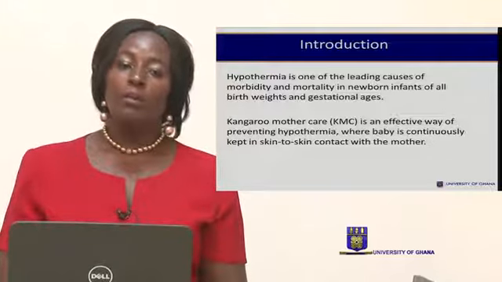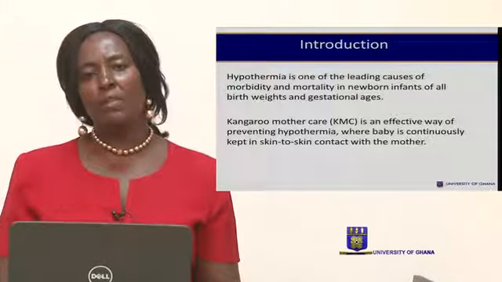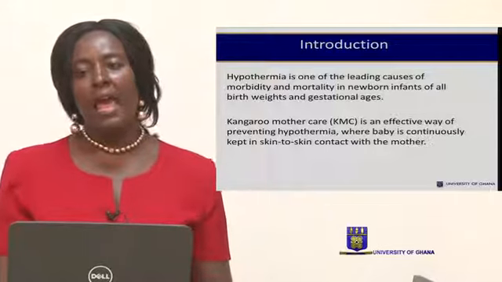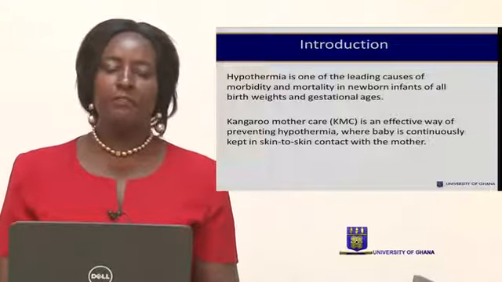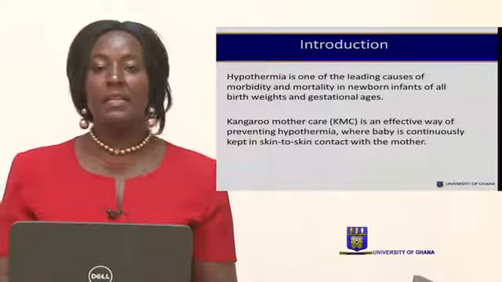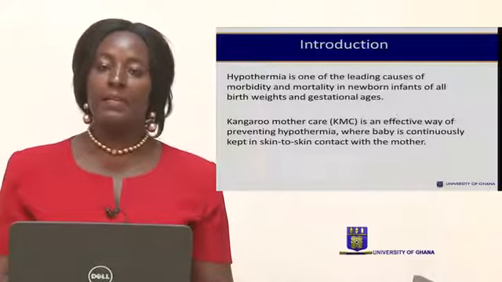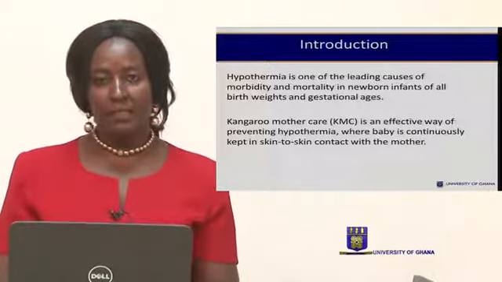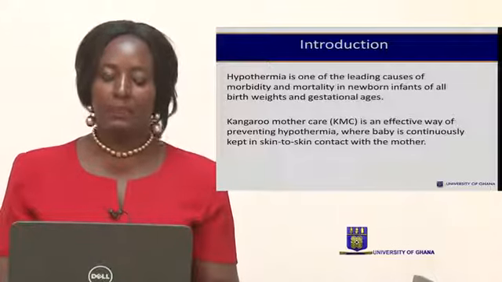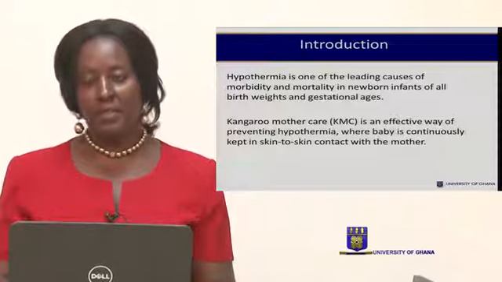So they are also taken care of in incubators. But in cases where the condition of the child allows it and there are limited incubators, kangaroo mother care is an effective way to prevent heat loss or hypothermia, where the baby is placed in continuous contact, skin to skin. And sometimes it can be done intermittently, so we'll look at it and discuss the various types.